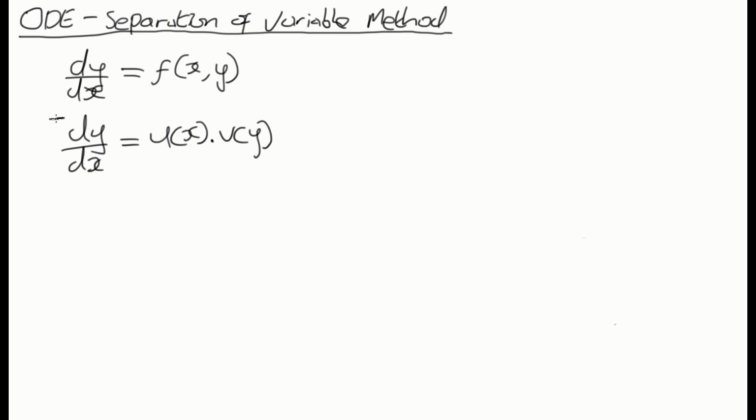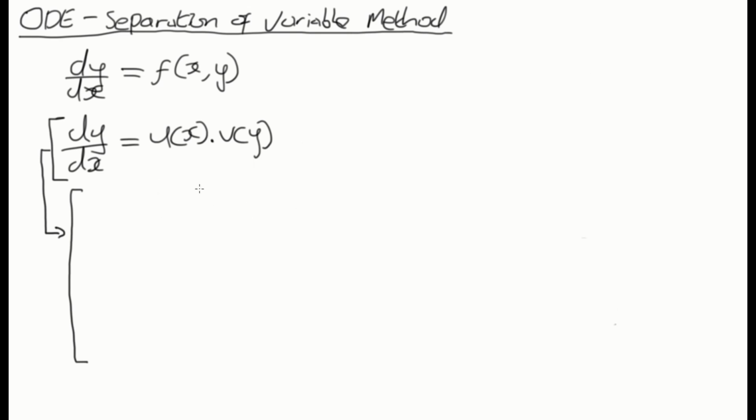If you are able to write this f of x,y on the right-hand side as a multiplication of the two functions, then the question is, what must you do next? I put this as a key to say you can enter these steps. What are those steps?